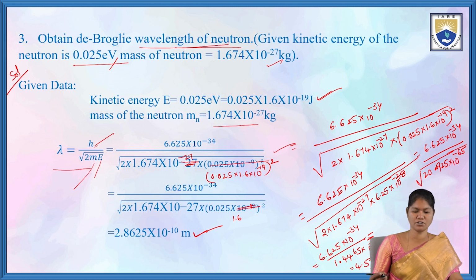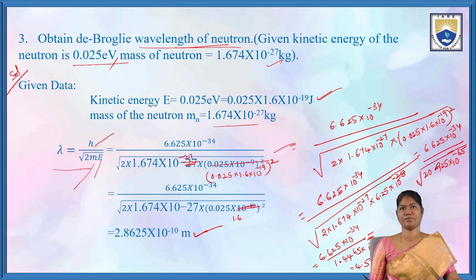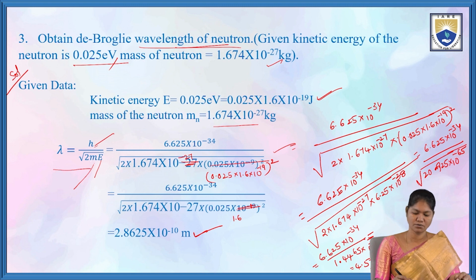Wavelength of neutron. Okay, since I made a mistake here, I didn't take the 1.6 into 10 power minus 19, so that I cancel here.